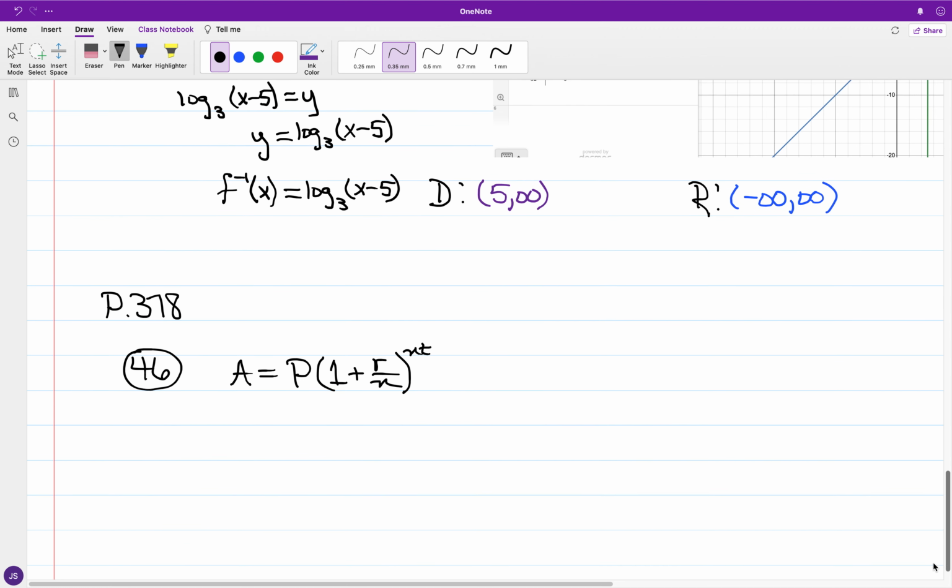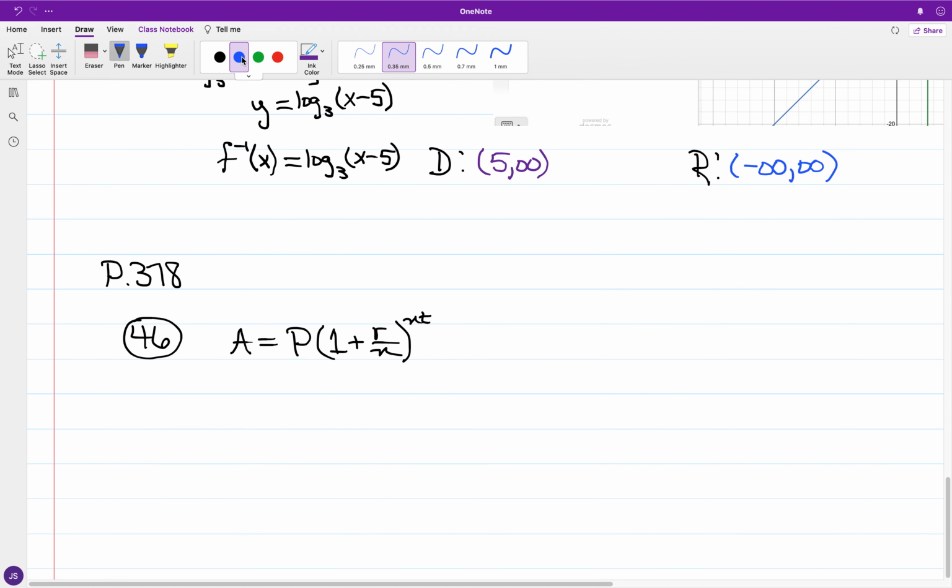In this situation, we're looking for the future value. For the various inputs, we're looking at the principal, or what is financed, to be $8,000.